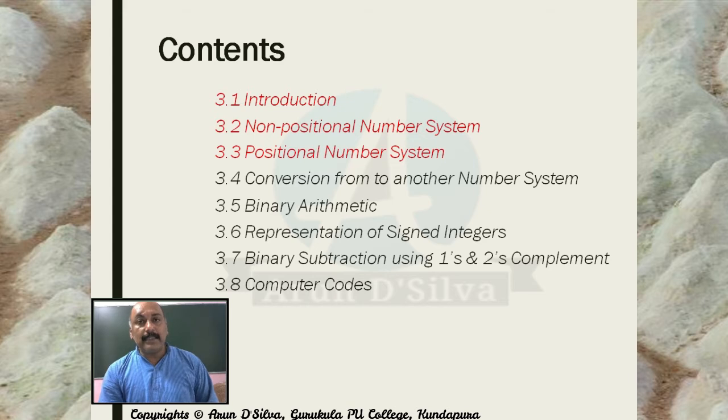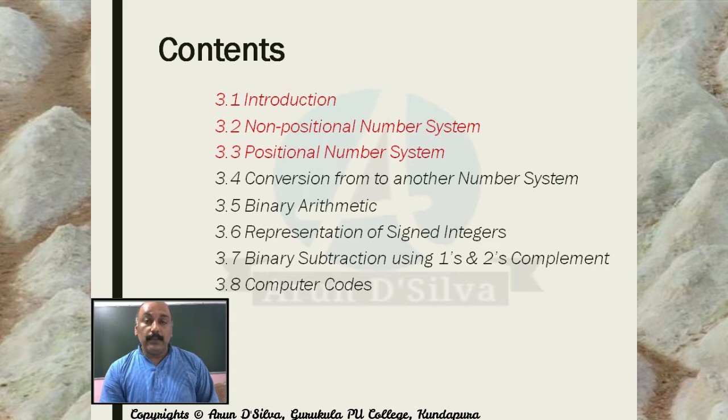In hexadecimal, a total of 16 different digits are there. That is from 0 to 9 as usual, what you have seen in the decimal number system, and after that A, B, C, D, E, F are taken. A stands for the value 10, B 11, C 12, D 13, E 14 and F is 15. So there are 16 digits.